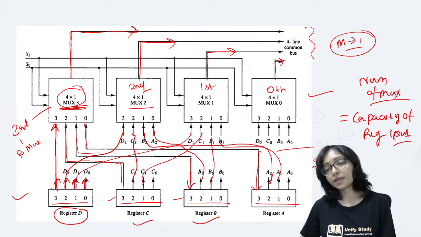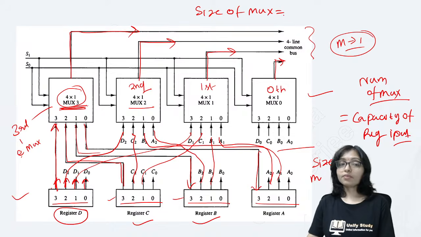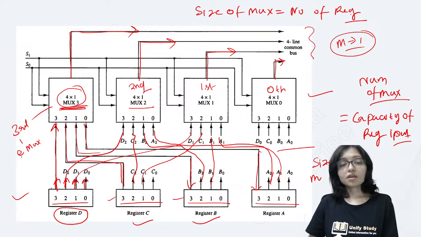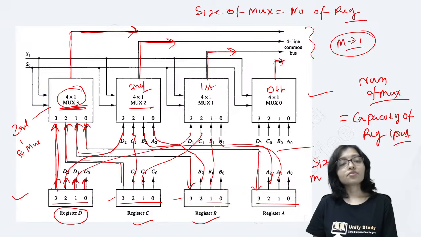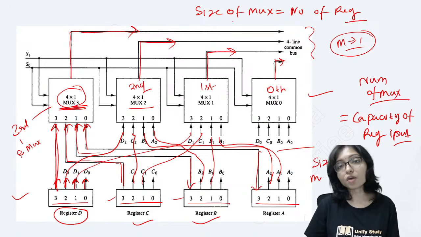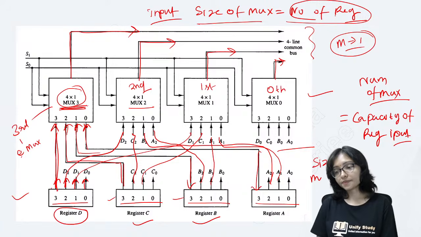And the size of the multiplexer, what will it depend on? That depends on the number of registers, because from each and every register I am going to take the data. So the size of the multiplexer means the inputs of the multiplexer, and that is equal to the number of registers.